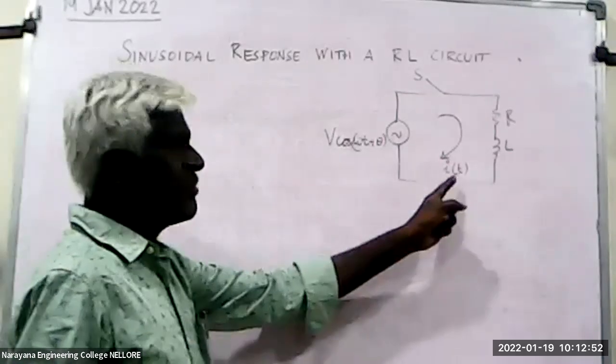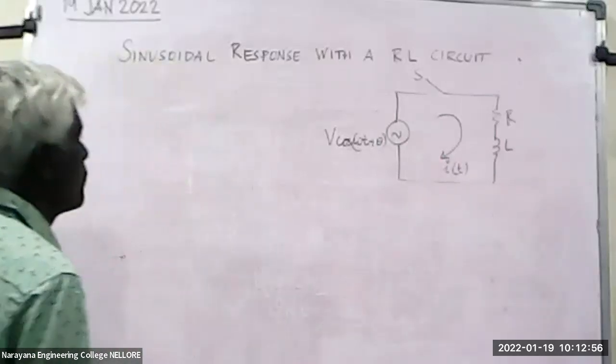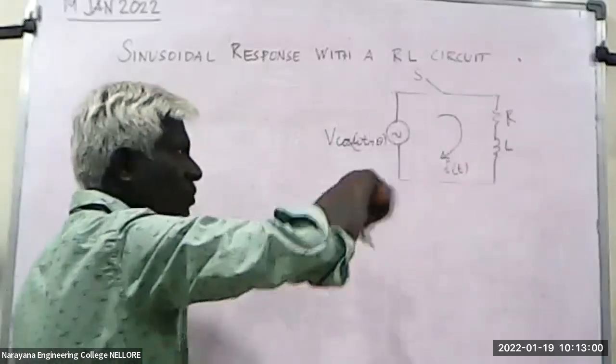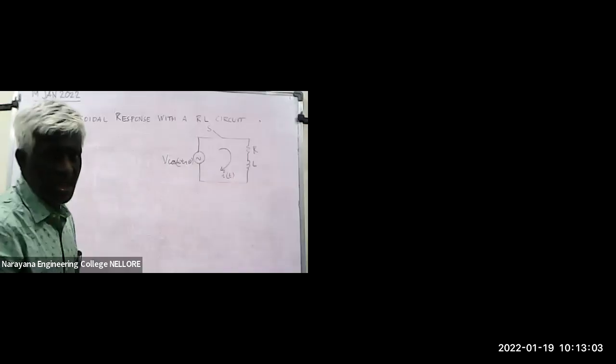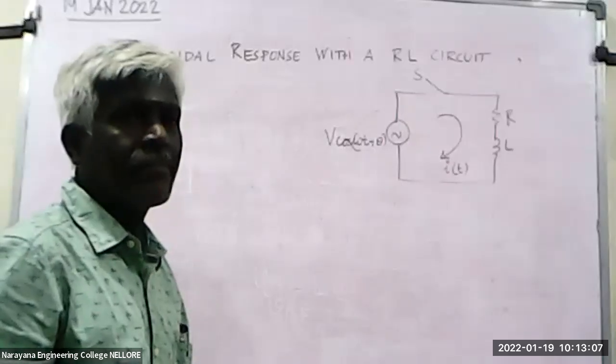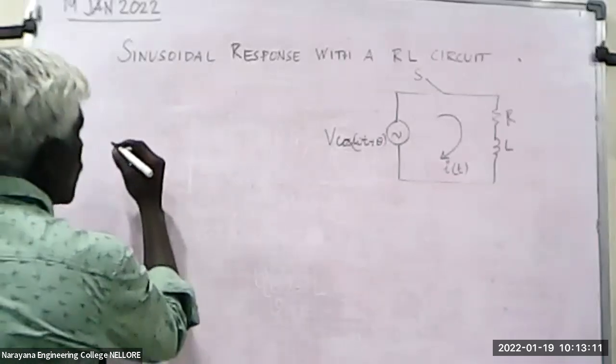For simplicity, when we write, we omit this t, we write only i. So now, when we close the switch, the current flows, and we can apply which Kirchhoff's law? KVL, sir. Yes. So when we apply KVL, what do we get?